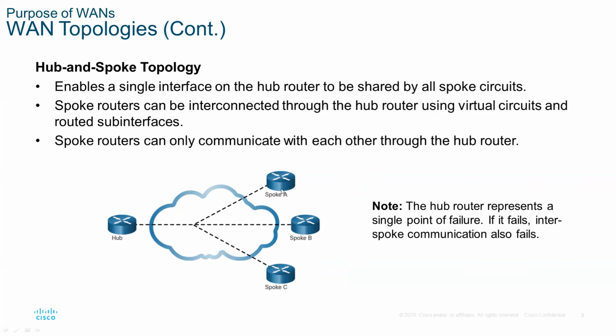So for spoke A to communicate to spoke B, it has to come through our hub location before coming back out to spoke B. So although you would think the hub would be in the center of the cloud, it's actually on one particular side of the service where all traffic goes through. So the hub is the gateway for everyone.